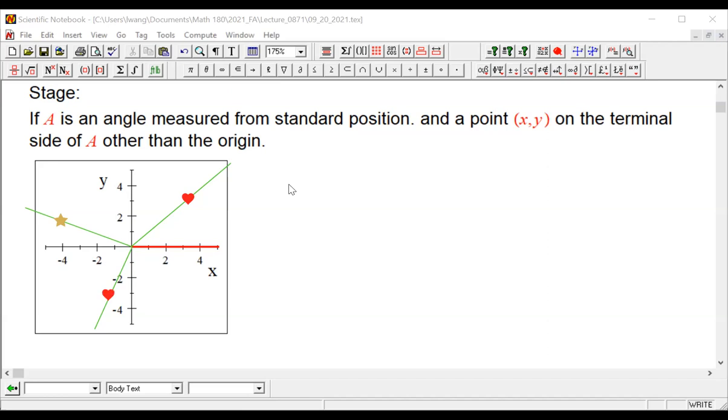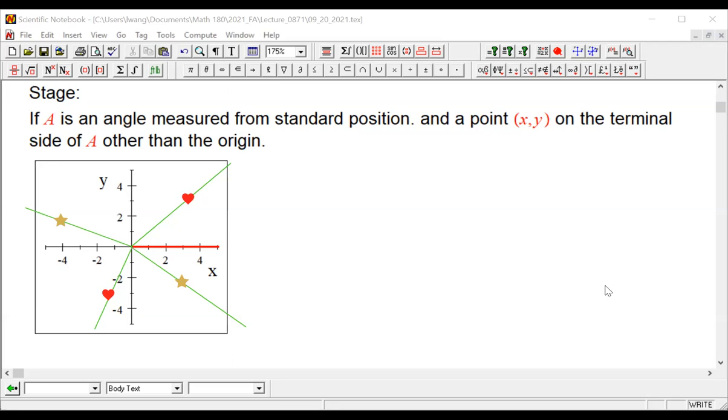And your terminal side could be over here, and your point can be here. Do you guys follow me? So this sentence tells you all these possibilities. And you cannot pick the point at the origin. Do you follow me?